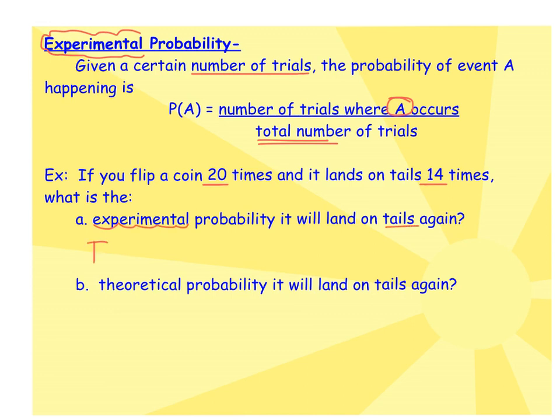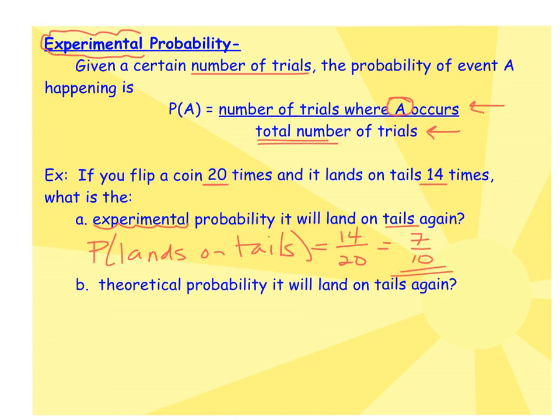So we'll do probability that it lands on tails. By definition, the number of times it occurred, which was 14, over the number of times that you flipped your coin, which was 20, the probability would be 7 over 10, and that's about 70%.